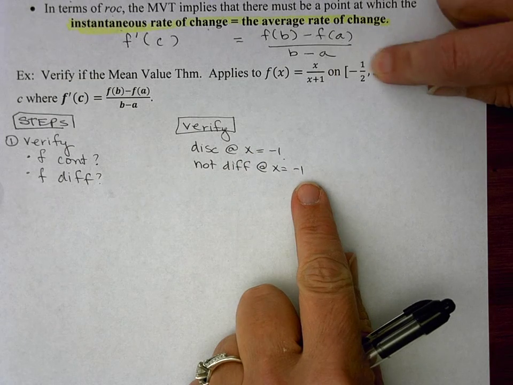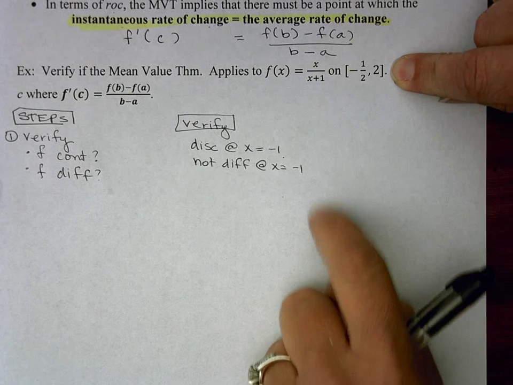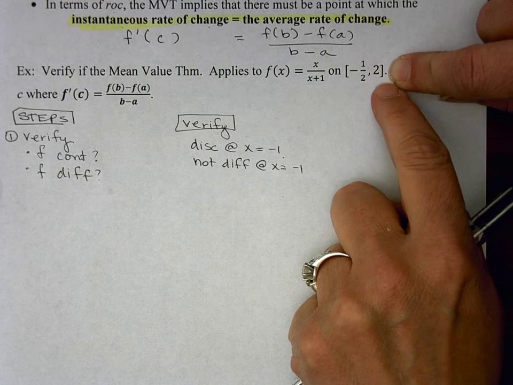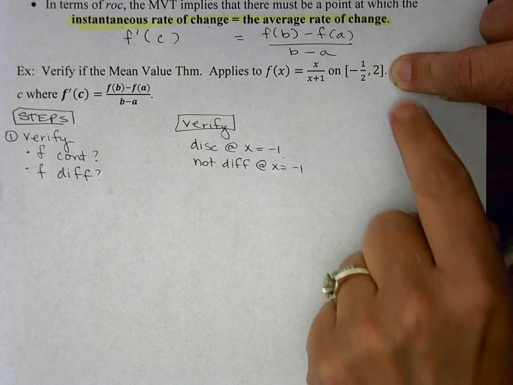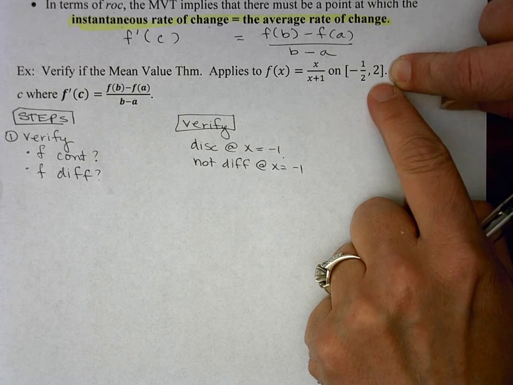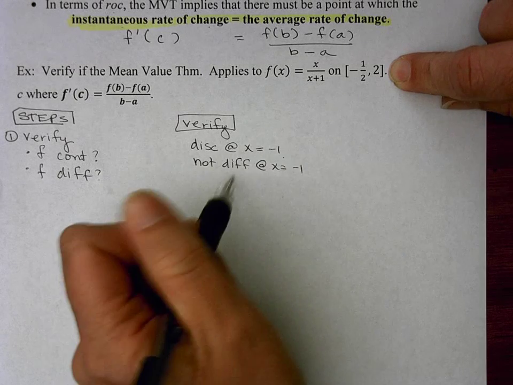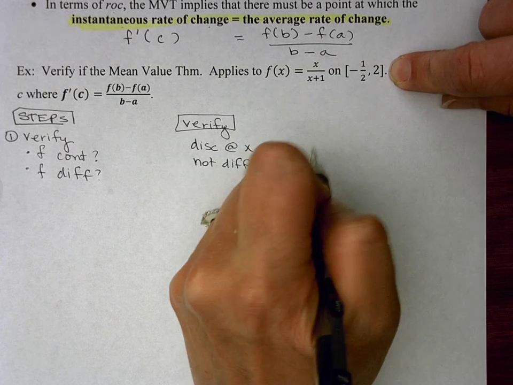But when I look at my interval, -1 is not on my interval, so then this is not important. So if my interval went from, say, -2 to 2, I would just say mean value theorem does not apply, and I would be finished. But here, -1 is not part of my interval, so that's okay. My function is continuous on my interval.